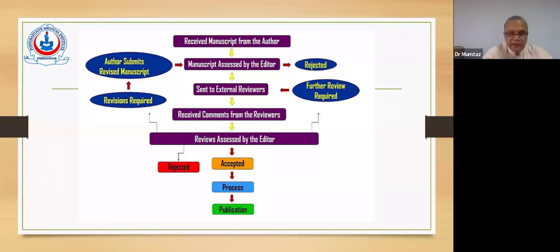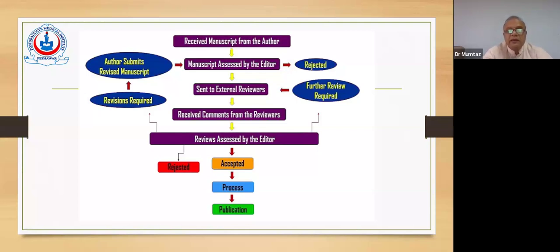And if the reviews are favorable, according to the recommendation of the reviewers, he will proceed. Most of the times, except for very rare instances, he will go according to the opinion of the reviewers. So the manuscript is accepted, processed, and published.